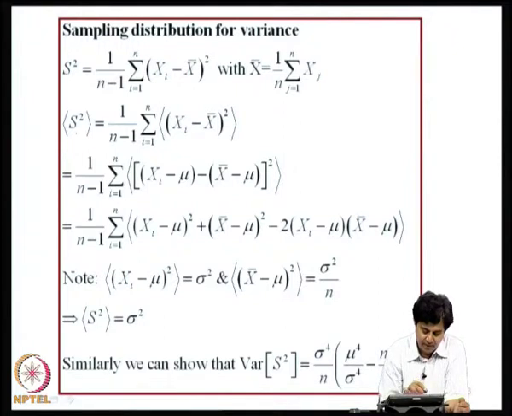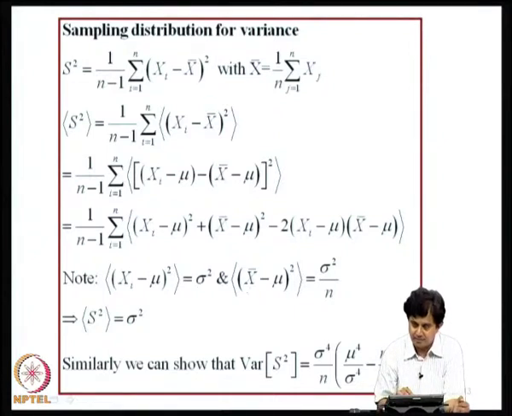Now, you find the mean square value, expected value of s square, which is this, and for x bar I am going to add and subtract mu and rewrite this in a slightly different form. Expand this, I get 3 terms, and if I manipulate these terms and use the fact that xi's are all identical having mean mu and variance sigma square, and x bar is an unbiased estimator with a known variance which is sigma square by n, I can show that this estimator is unbiased.